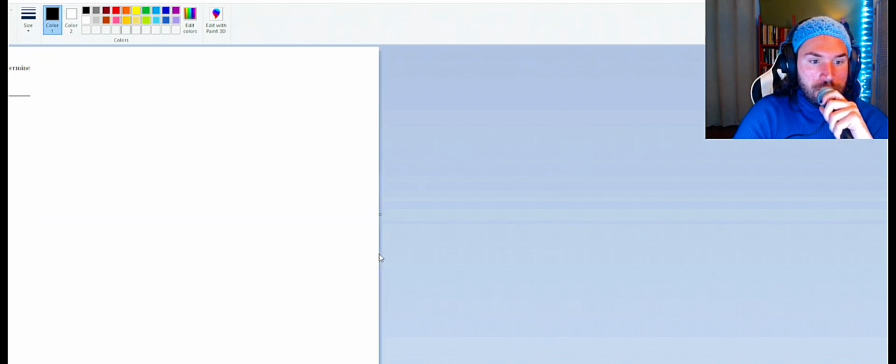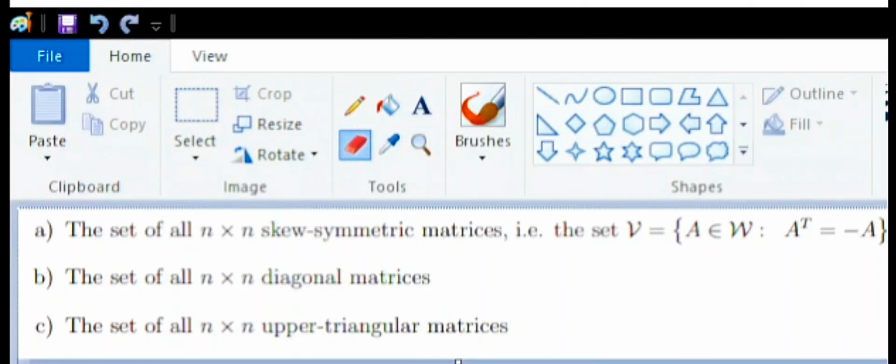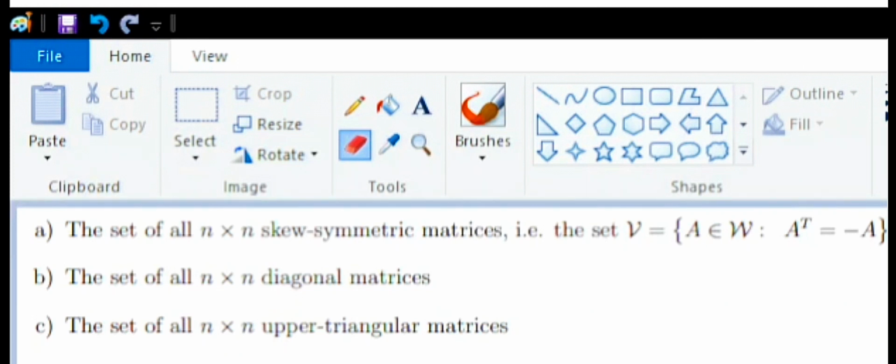So the question here is about the set of all n times n diagonal matrices. This one is tricky.